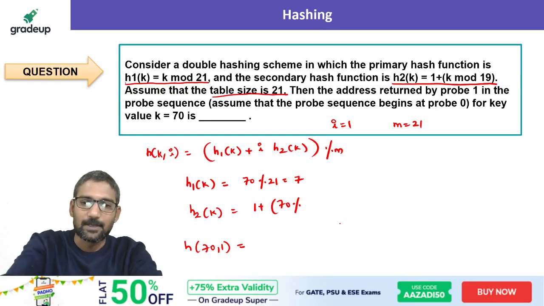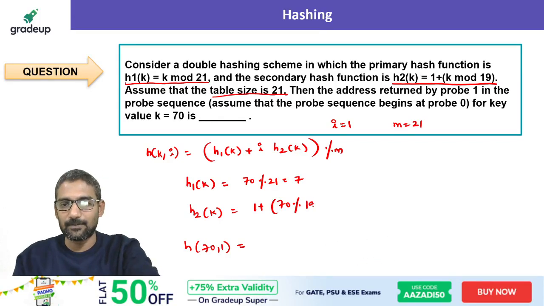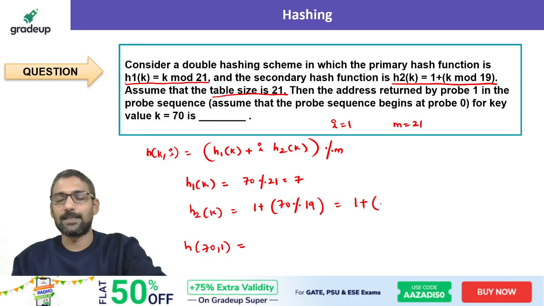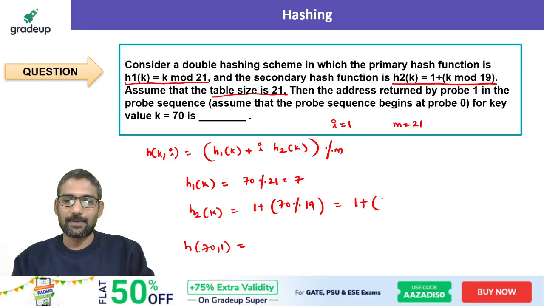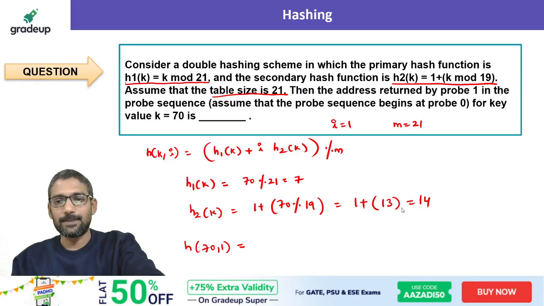Wait a minute. So 70 mod 19 we need to do. So this would be 1 plus, 19 3s are 57, so we will get 13. So this would be 14. Right?